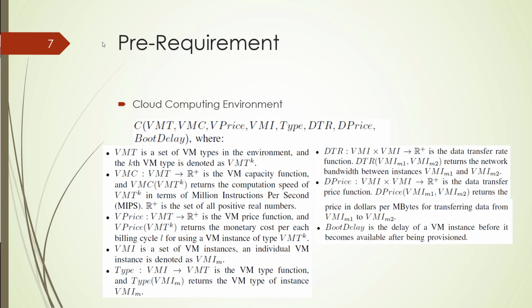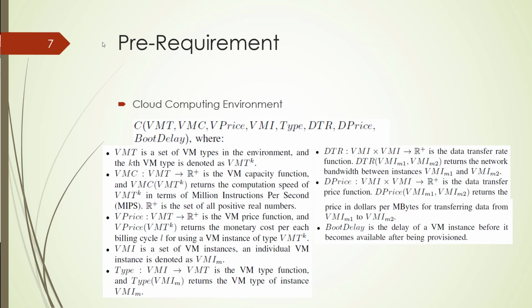What is VMT? VMT is the set of VM types, virtual machine types, in the environment. We can say that the k-th VM type is denoted VMTk. VMC is a function from virtual machine type to positive real numbers.